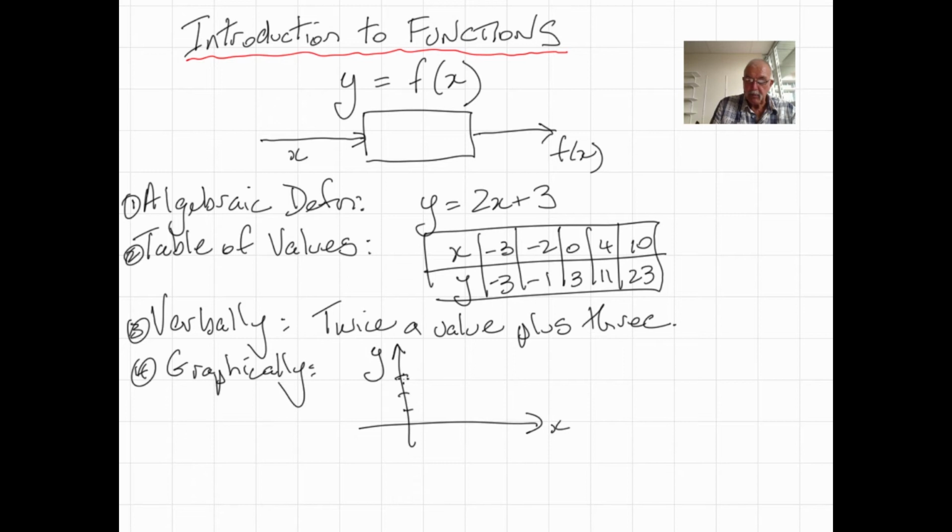The y-intercept would be 3. The gradient is 2, so it's quite steep. So that graph there would indicate the same function as we've used right through here. So there are 4 different ways of describing exactly the same function.